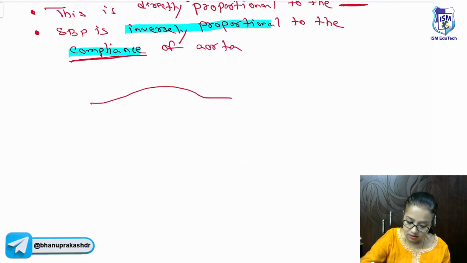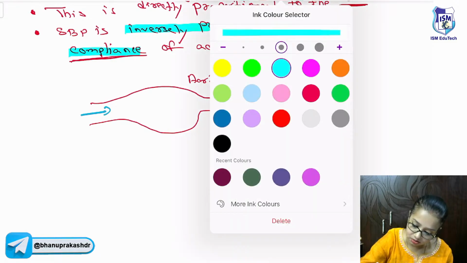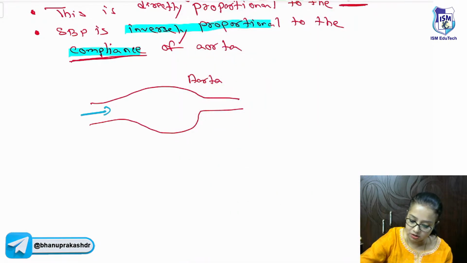Say this is the aorta. Okay. Aorta, we know this is a Windkessel vessel. So whenever there is blood flowing through the aorta, for example, say this is the blood that is going to the aorta.